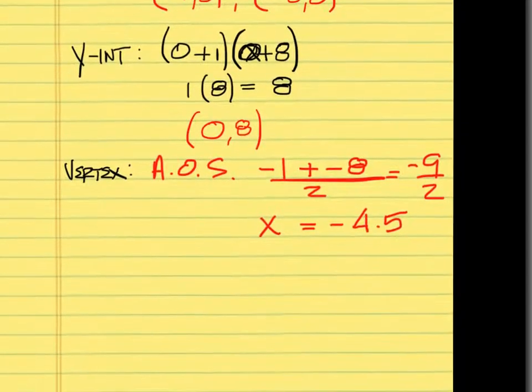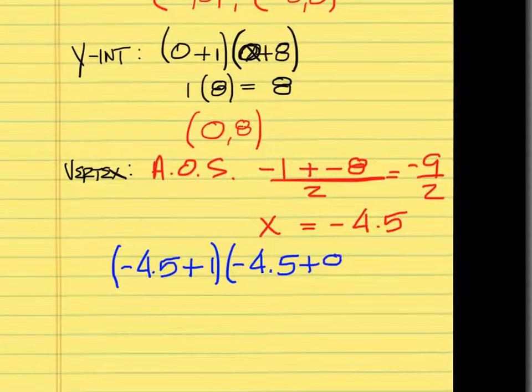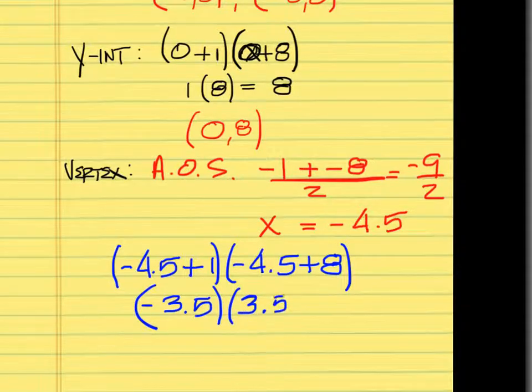To find the vertex as a point, you have to find the y value. And to find the y value, you have to plug in the x value, which is -4.5 plus 1, and then -4.5 plus 8. And evaluate that simple expression. -4.5 plus 1 is -3.5. -4.5 plus 8 is going to be a positive 3.5.